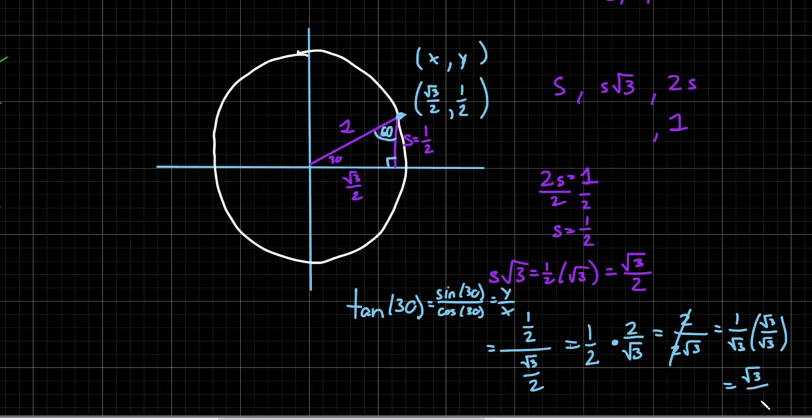Over 3. So the tangent of theta, in this case, was square root of 3 over 3. Do you have any questions before we keep going? That's how we got the values.